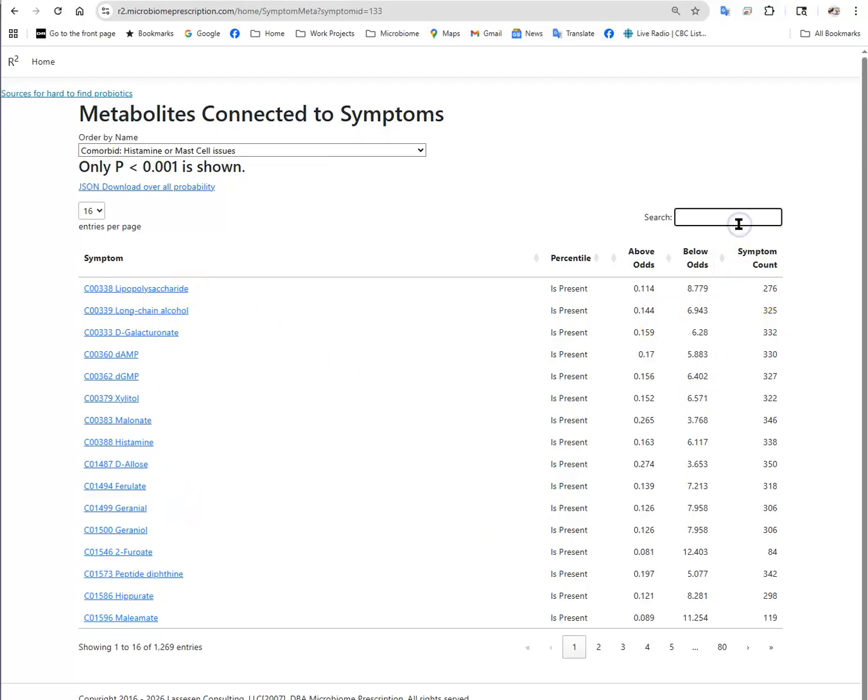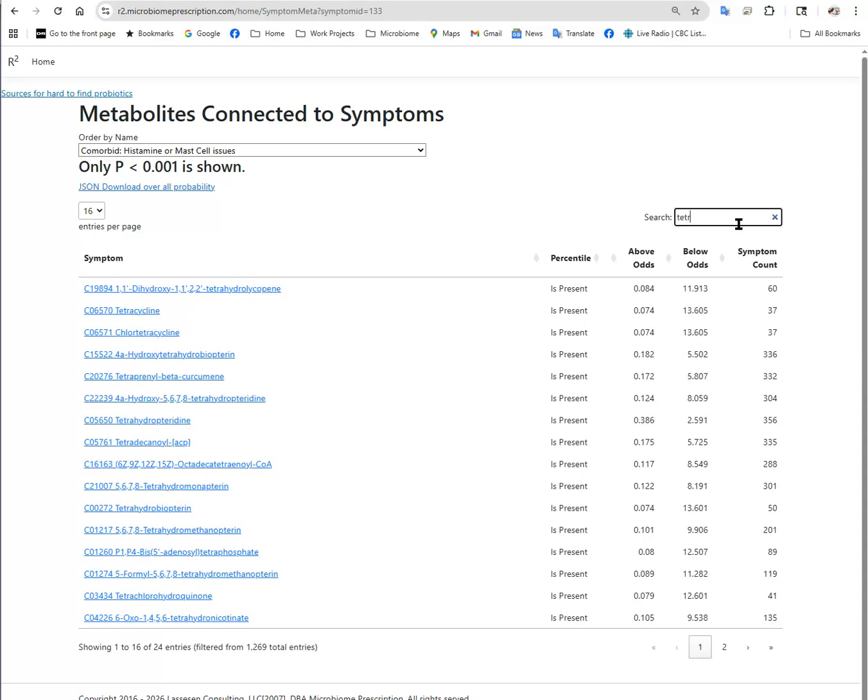And again, we could take a look at something like tetracycline. And tetracycline, the absence of it, again, we have increased odds, which is not totally unexpected since histamine mast cell often is connected with chronic fatigue syndrome or derivatives of that.